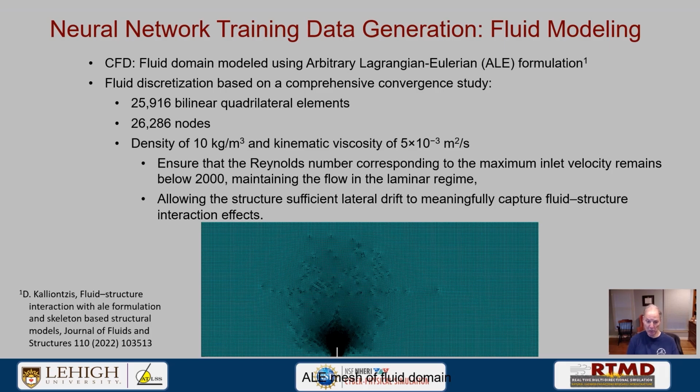But most importantly, we want the structure to develop some sufficient lateral drifts. We also adjusted the modulus of the structure, so we have some meaningful fluid structure interaction, as opposed to having a very rigid structure and the fluid flowing by. That is not very challenging. You probably don't need to use computational fluid dynamics in the sense we are. It could be all predefined.